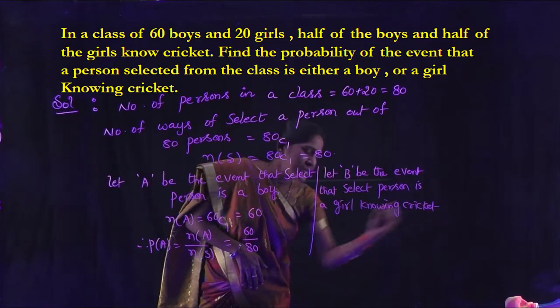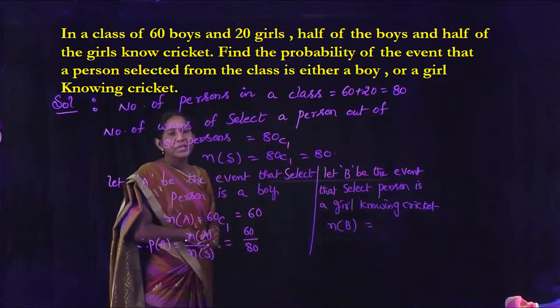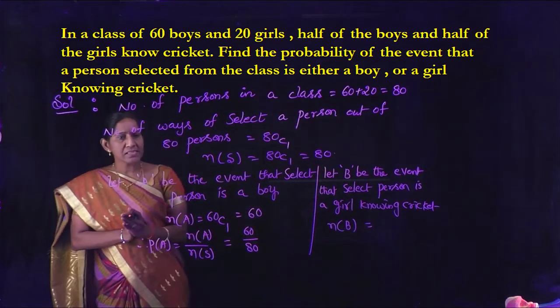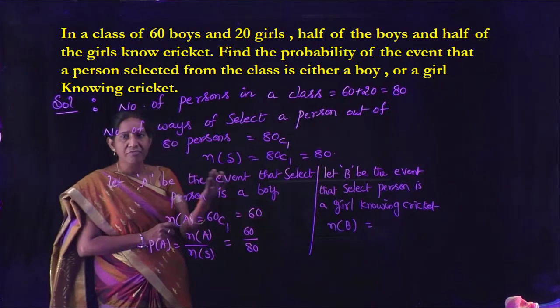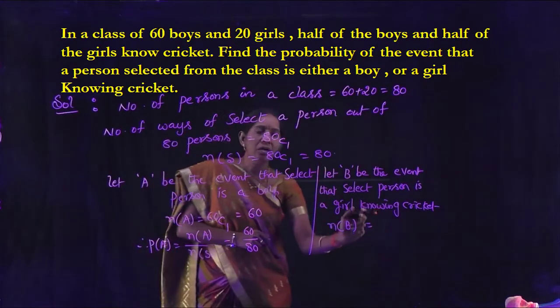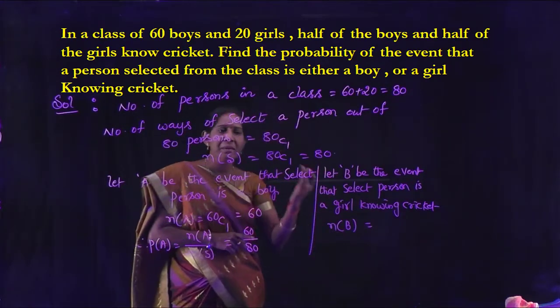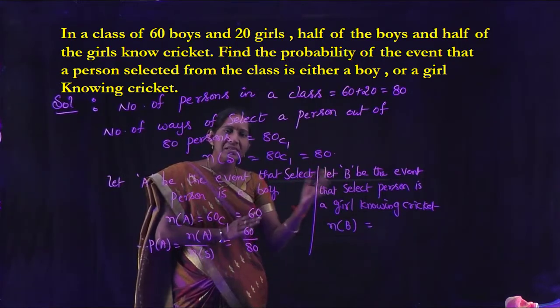That means N of B is, as already given in the problem, half of the boys and half of the girls know cricket. So here we want a girl knowing cricket only. How many members are girls here? 20. Half of them know cricket.